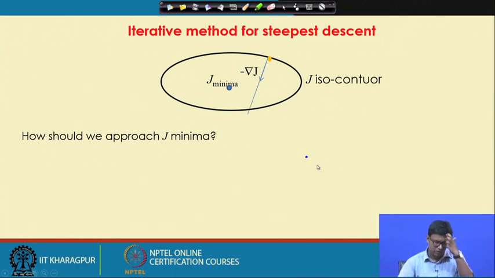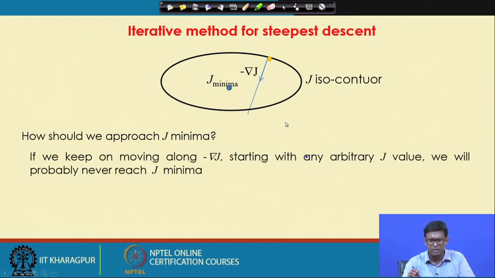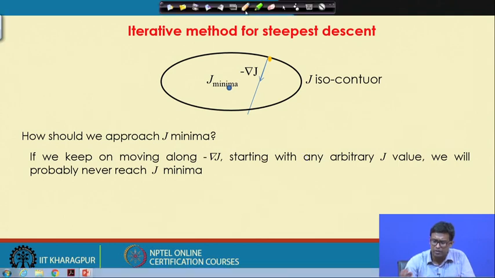If we move along this particular line, we might never reach the j minima, because along this line j is first reducing, and if we keep on going along minus grad j, we can see that it clearly misses j minima. Starting from an arbitrary point, we will possibly never reach j minima. We will reach j minima in only one case, when the contour of j is a perfect circle.